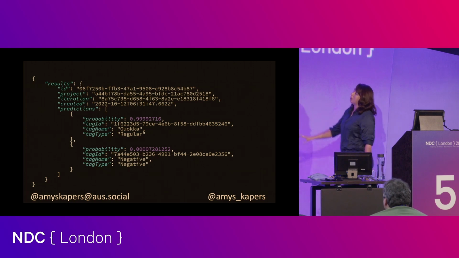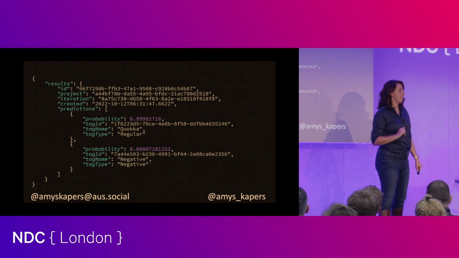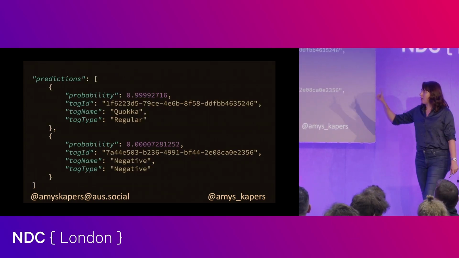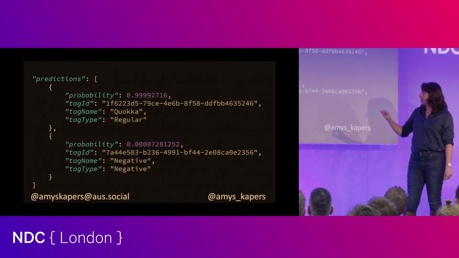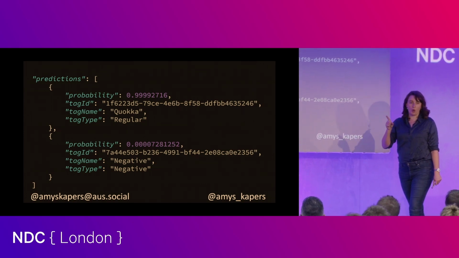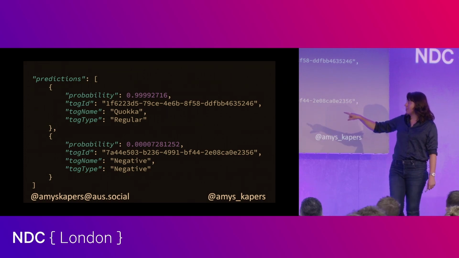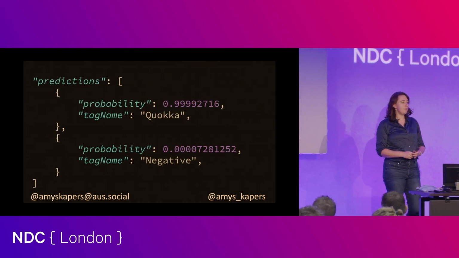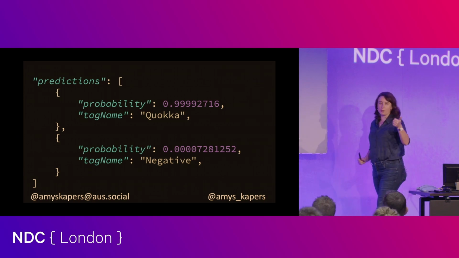The results look something like this that we get back from custom vision. Now, there's a whole lot of information that we don't need, but we are specifically looking at the predictions that it gives us. Remember, I said that we have two tags. There is Quokka and not Quokka. So we have here our tag for Quokka and negative, which is not Quokka. And from those predictions, I really need two items. I need the probability.